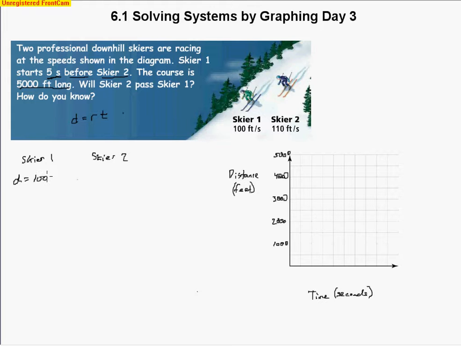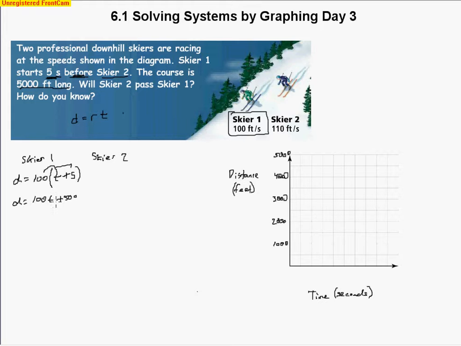Skier number 1 travels at 100 feet per second. So that's the rate. Now the time is t plus 5, because right in the beginning it says they left 5 seconds before skier number 2. So I'll go ahead and distribute, and I've got distance equals 100t plus 500.